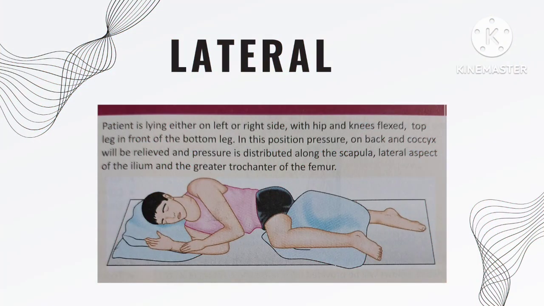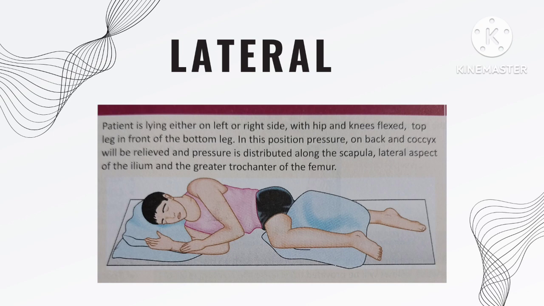Next, the fifth position is lateral. The patient is lying either on the left or right side with hip and knees flexed, top leg in front of the bottom leg. In this position, pressure on the back and coccyx is relieved and pressure is distributed along the scapula, lateral aspect of the ilium, and the greater trochanter of the femur.